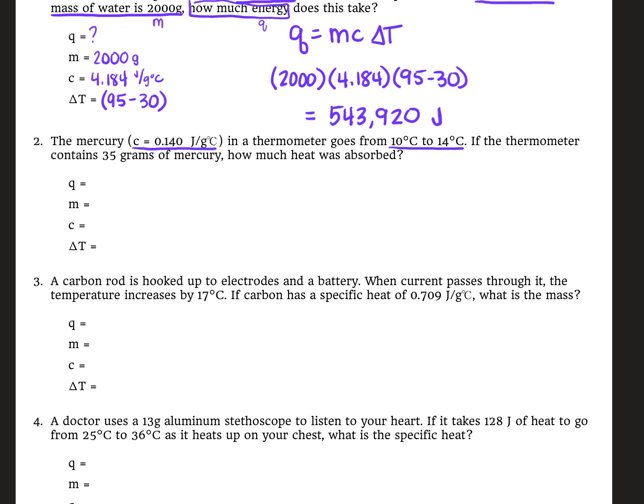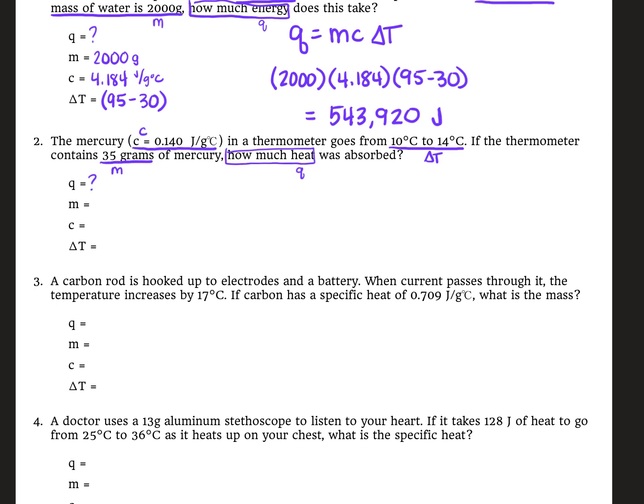If the thermometer contains 35 grams, how much heat? Okay, so we have C. The 10 to 14 degrees is delta T. 35 grams is M for mass. And it says how much heat. So we will find Q.